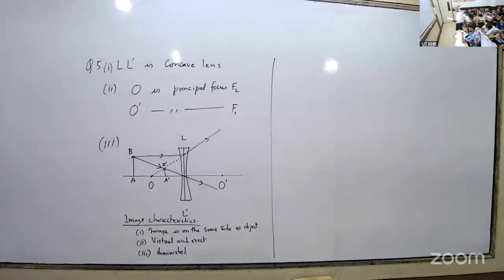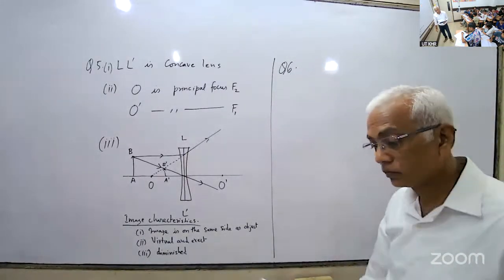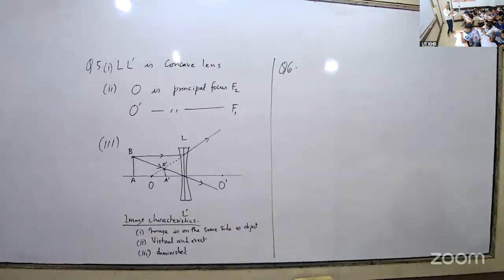Question 6. Everybody okay with it? When the object and image size is same. At what position? Where is the object kept to obtain the image of same size? At focus or at radius of curvature? At C, right?